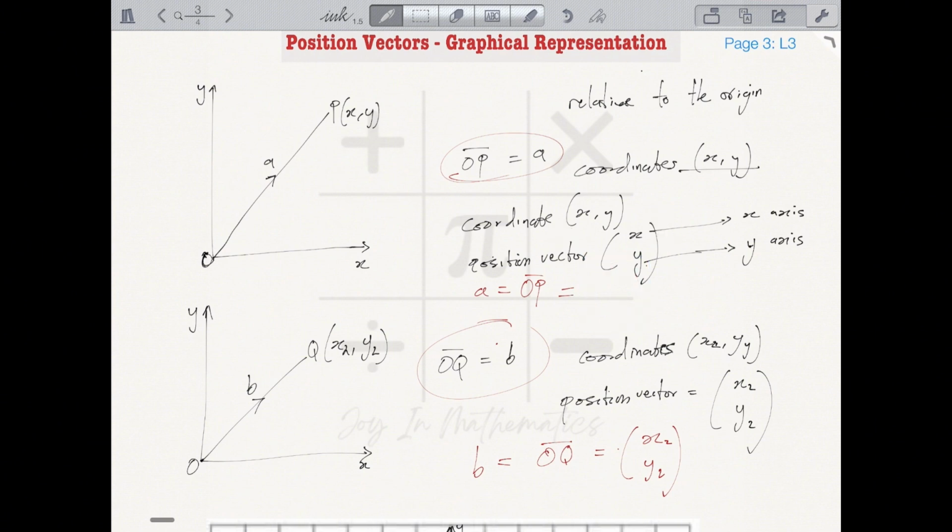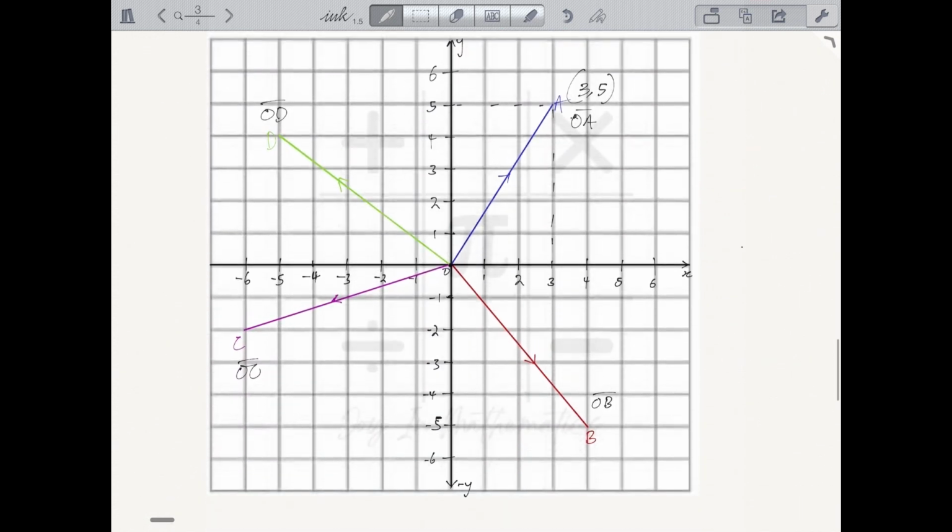When we have a coordinate of x2, y2, the position vector is written as x2, y2. So we have the coordinate of OA as 3, 5. Therefore the position vector is written as 3 and 5. You can see it's very simple.